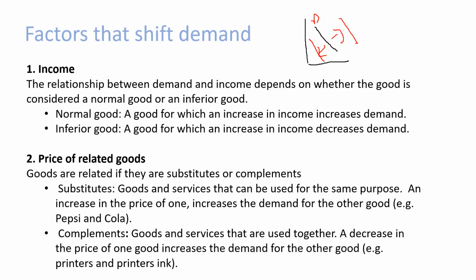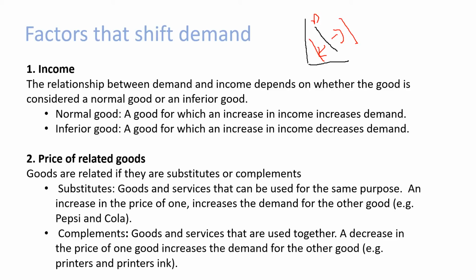Income. There is a relationship between the demand and the income, depending on whether the good is considered a normal or inferior good. If there is a change in the income, either your income increases by a certain percentage or decreases, this depends on the type of the product.